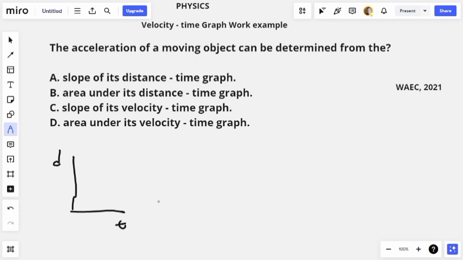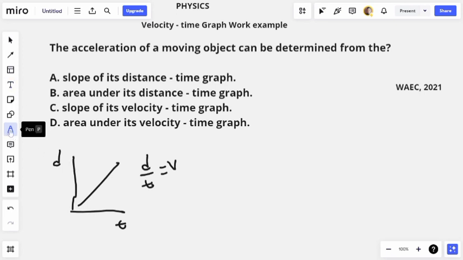Slope of any line in a distance time graph means change in the vertical over change in the horizontal, which is d over t. Distance divided by time will give you velocity. So slope of a distance time graph gives velocity, not acceleration.